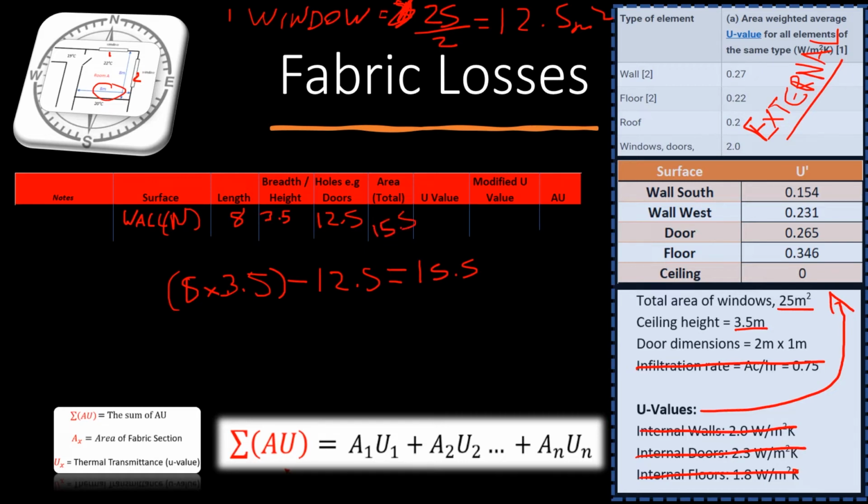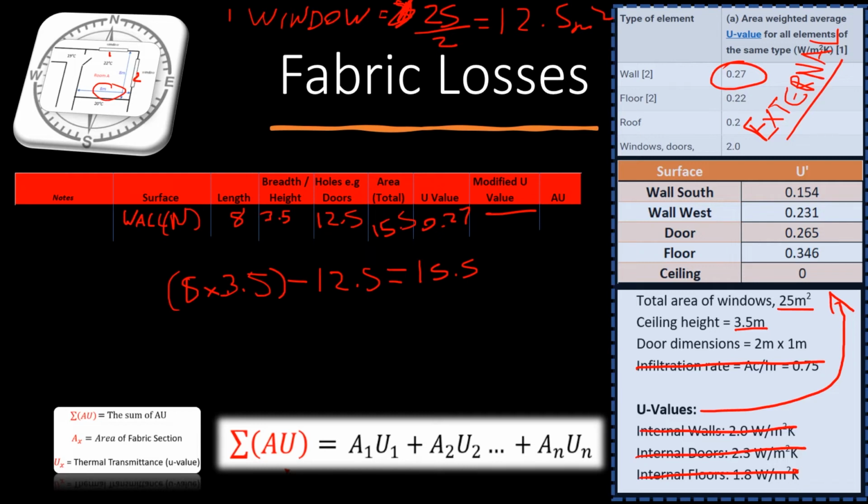Excellent, cool. Now U value, because this is an external wall, I just have to go and find what it is in the regs. So there we go, we've got 0.27. Modified value, I'm just going to put a dash here. The modified U value for this, if I calculated it, would work out the same at 0.27, and obviously we don't need a modified U value because it's an external wall.